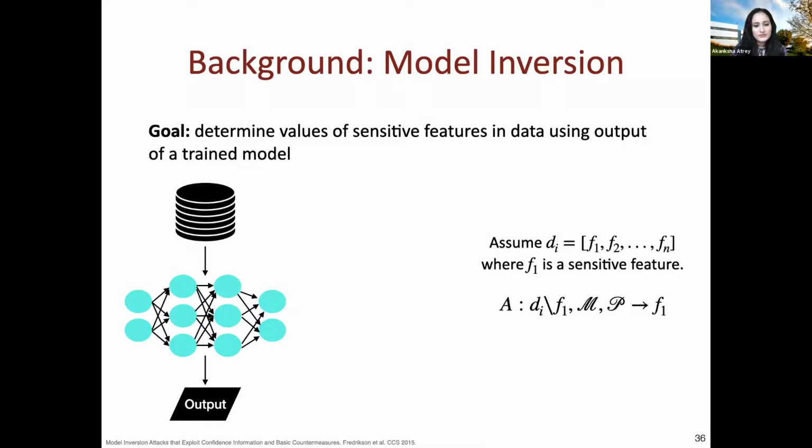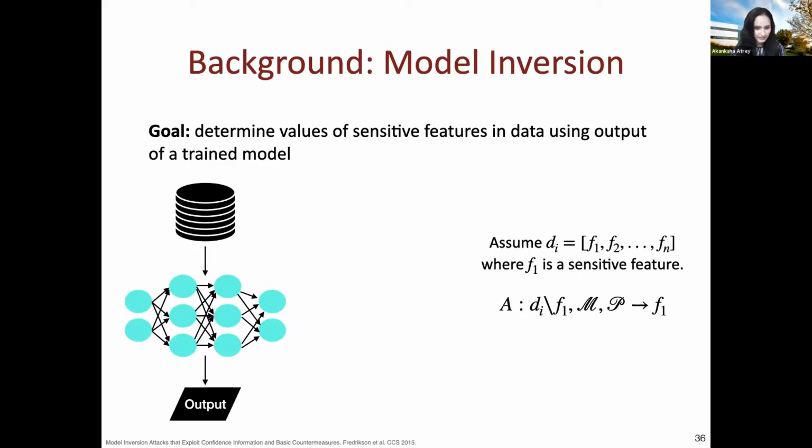Now, you assume that you have an adversary that has access to this data point, everything except f1. So the adversary knows all the non-sensitive features and has access to the model. It basically has black box access, and it also has some prior knowledge. And the goal for this adversary is to detect what f1 is, what the sensitive feature is.